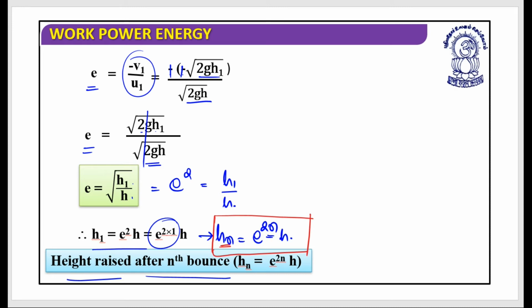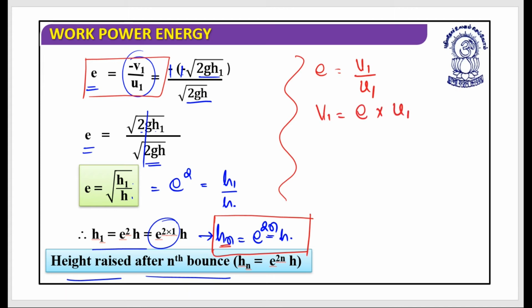One more very important aspect. Look at this carefully. Look for the magnitude. So what does it say? It says that e is equals to v1 divided by u1. I'm talking about the magnitude. So this could be written as v1 is equals to e into u1. Even this could be written like this, that vn is equals to e to the power n into u initial.